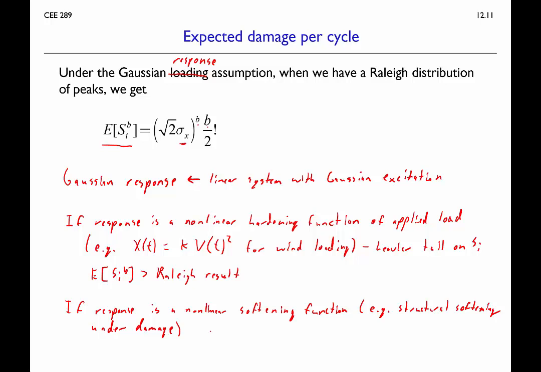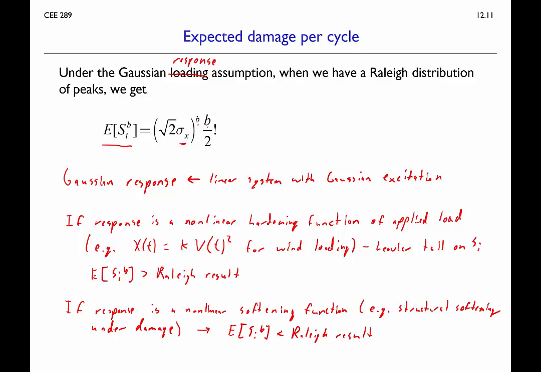And so in a situation like that, the expected value of damage accumulation per cycle is going to be less than this Rayleigh result, because we won't have those heavy tails of high stresses as frequently as the Rayleigh distribution would say. So we're going to focus here on this Gaussian response assumption and use that one. That's very frequently used, but these are just some notes at the bottom of the slides to indicate the relative impact if we had some other type of structural behavior.